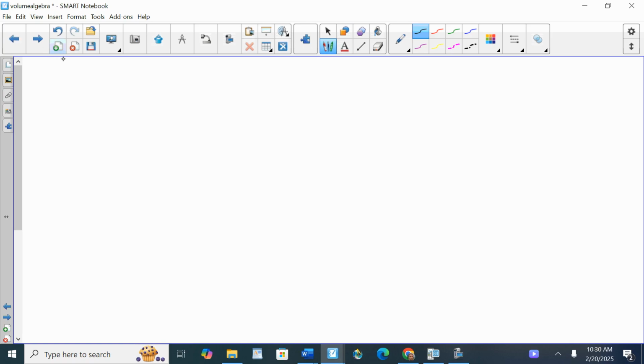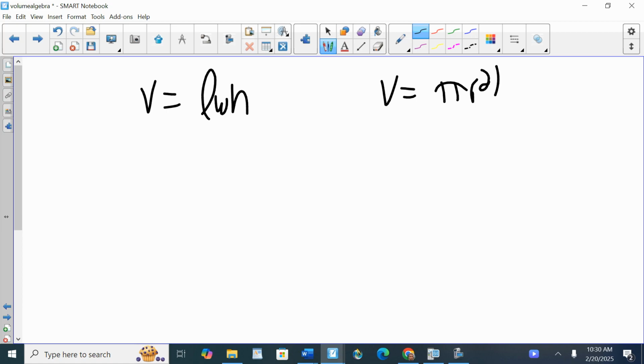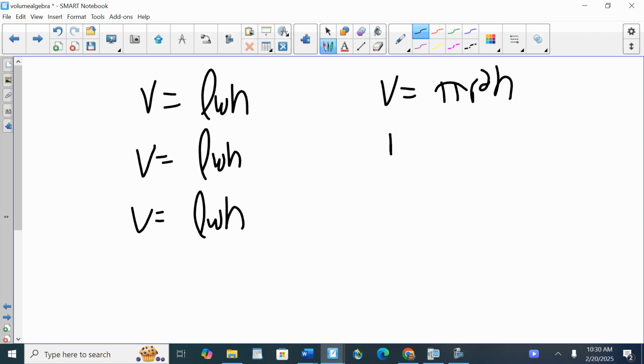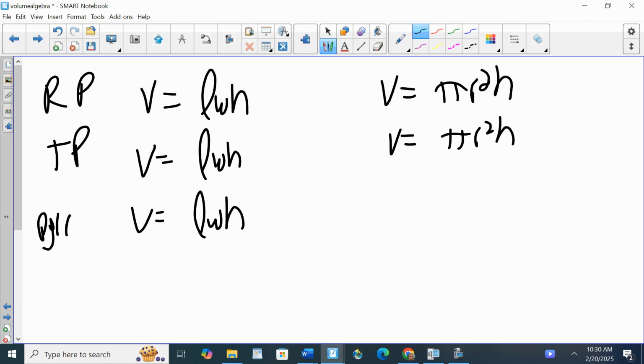First of all, you need to know your volume formulas. Volume equals length times width times height, and pi r squared height. There's 3 length times width times height. There's 2 pi r squared heights. Rectangular prism, triangular prism, pyramid.